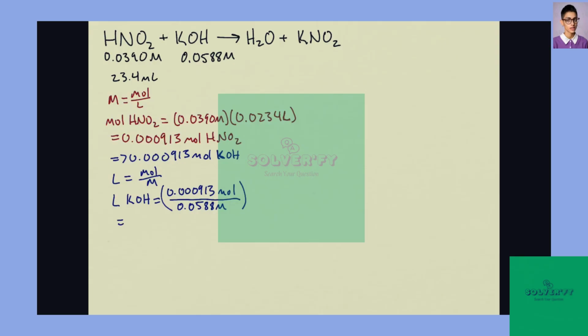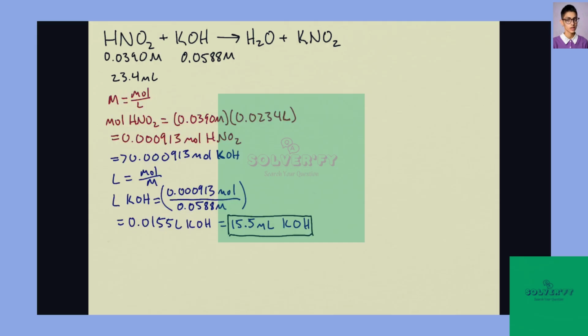And this is equal to 0.0155 liters of KOH, or 15.5 milliliters of KOH. So we have the volume of KOH needed to reach the equivalence point.